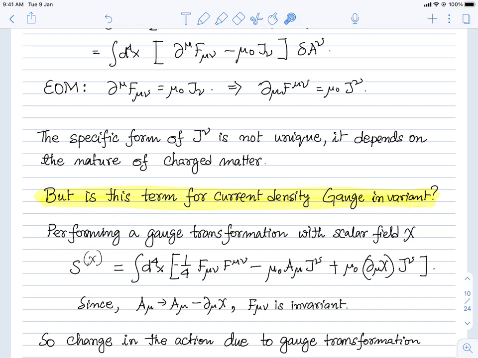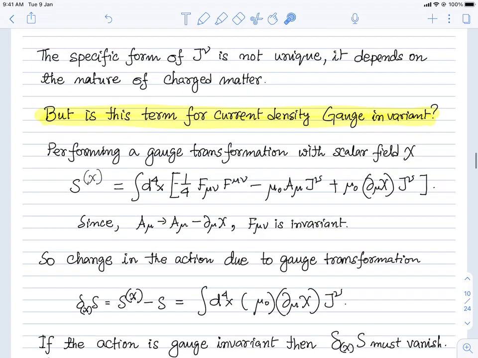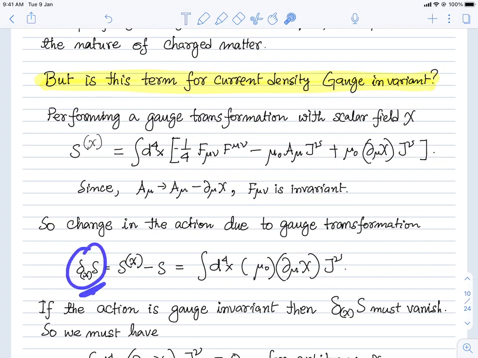In order to do that, let's do a gauge transformation, and as I said, the A mu develops this del mu chi term, which is the additional term under a gauge transformation, and I have denoted it by a chi here. The action now also depends on chi because you have done a gauge transformation and it doesn't seem to be invariant under it. So the variation in the action under this gauge transformation, denoted by chi, is not the functional variation.